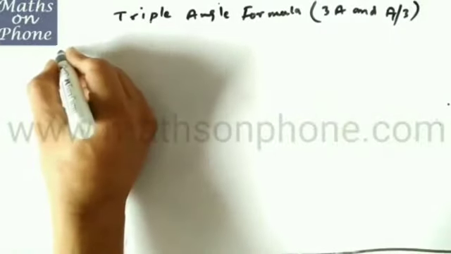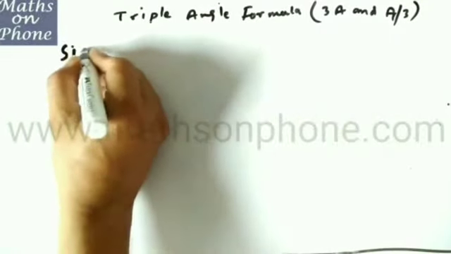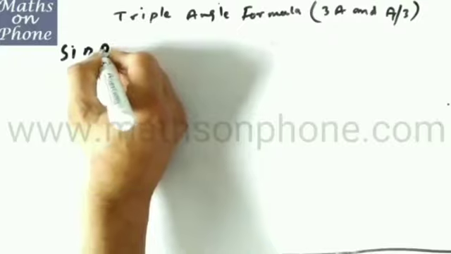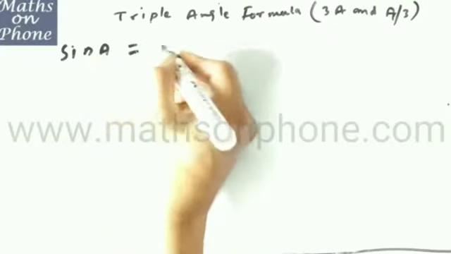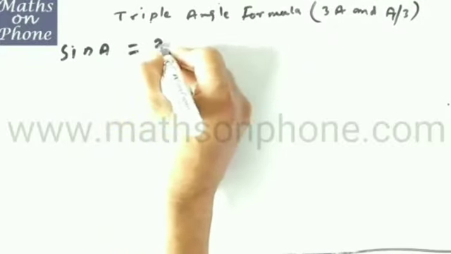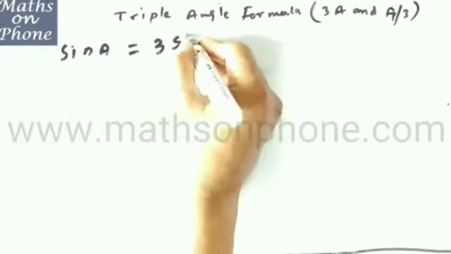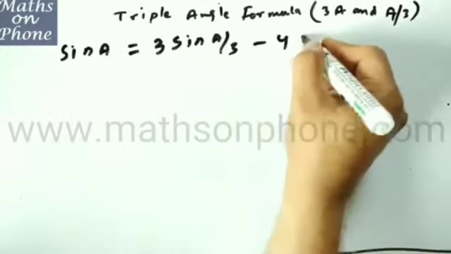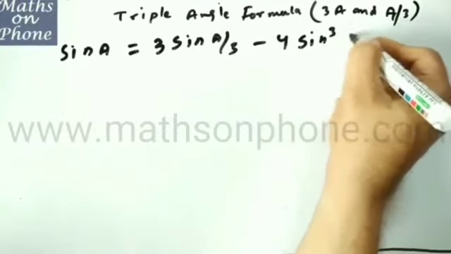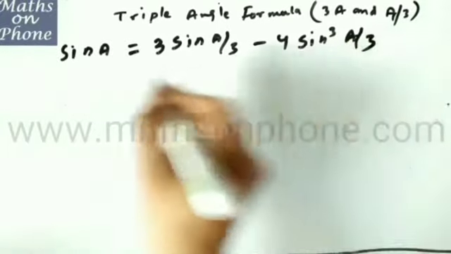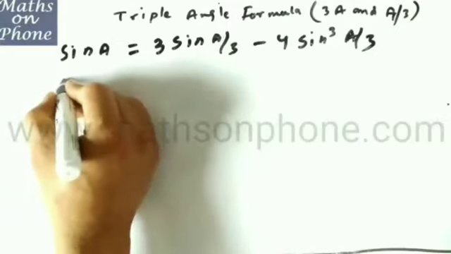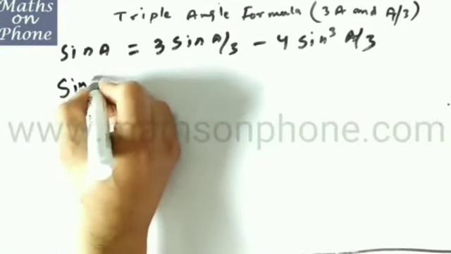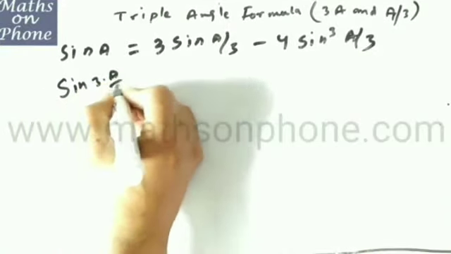Same way, if you need to write sine A in terms of A by 3, just tell me what's that? That is 3 sine (A by 3) minus 4 sine cube (A by 3). How I did it? You know this, I have written sine A as sine 3 into A by 3.